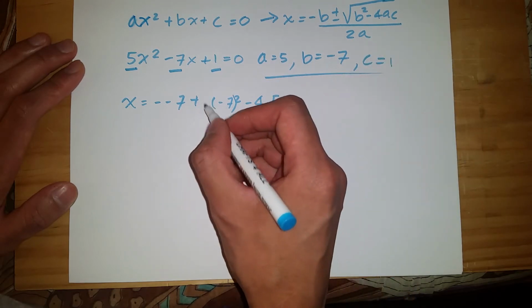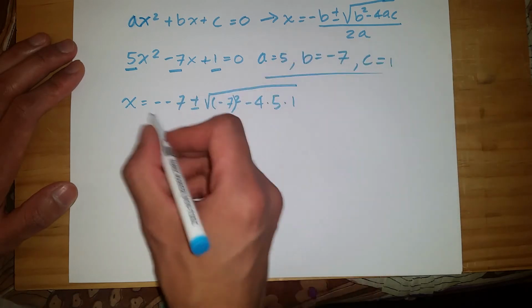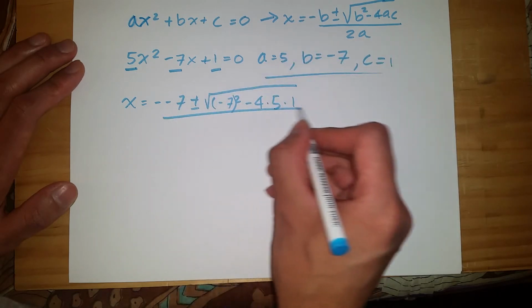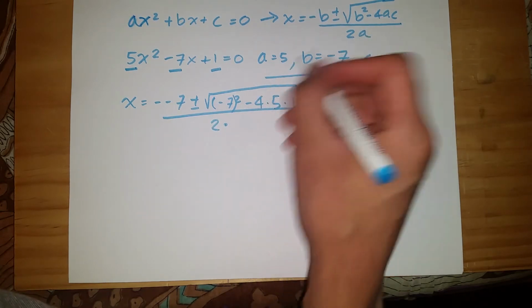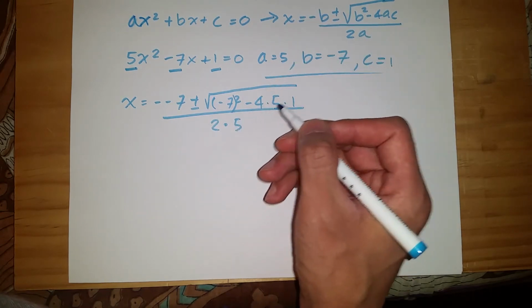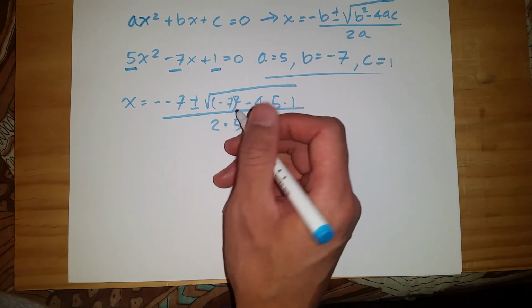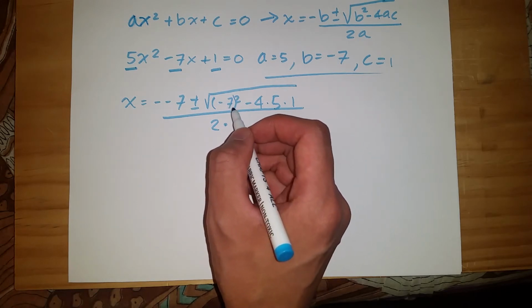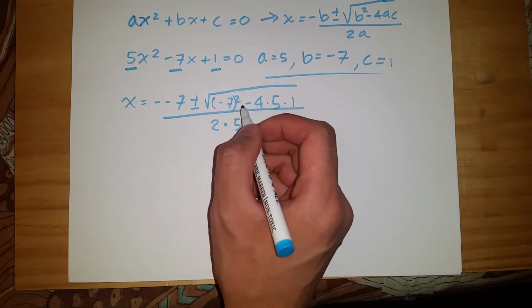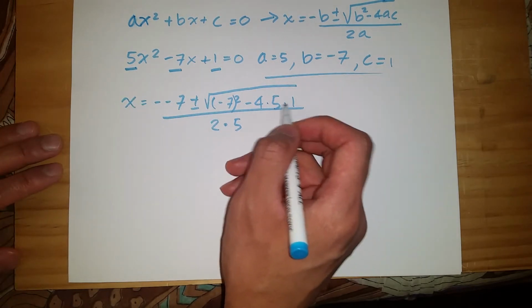So don't forget the square root. Actually this plus minus all over 2 times A, which is 5. And then we perform this operation here. So -7 squared, that's 49, right? 49 minus, 4 times 5 is 20, and times 1 is 20.